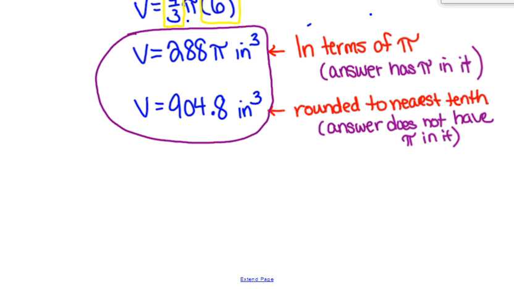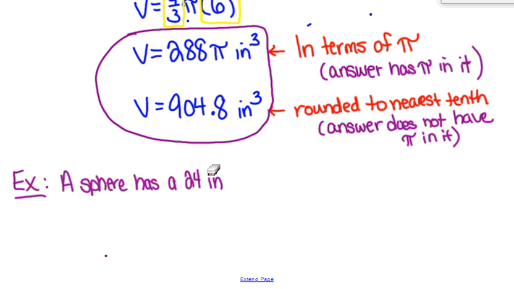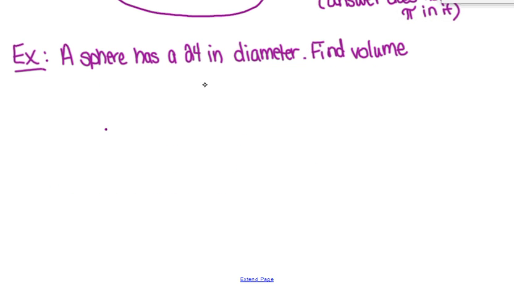In this one, we're going to look at an example of a sphere with a diameter of 24 inches, and they want us to find the volume. Again, I'm going to start with that formula.